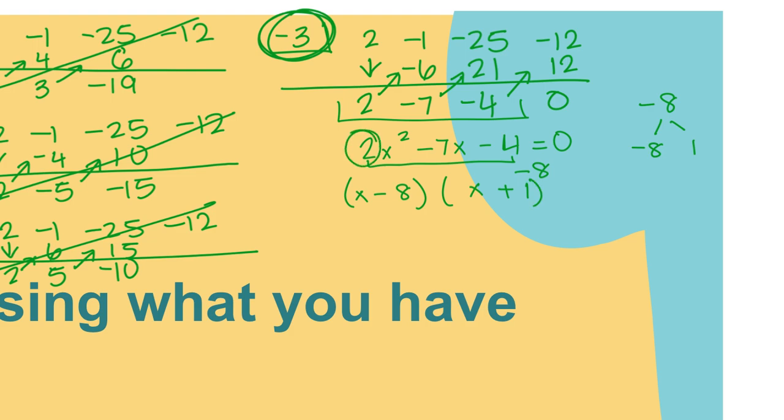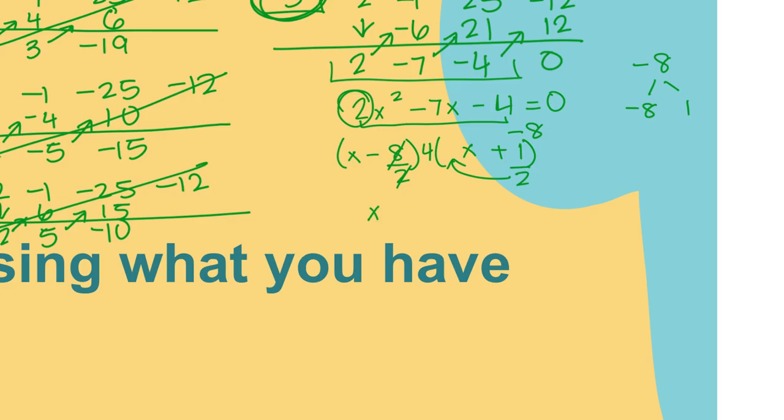Keep in mind I have this 2 here, so I have to slide and divide. This divides to 4, and this is going to slide. So I'm going to have x minus 4 and 2x plus 1. Don't forget to set all of those equal to 0.